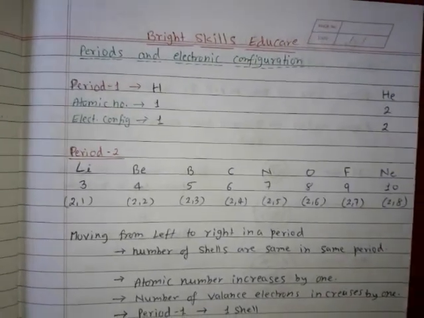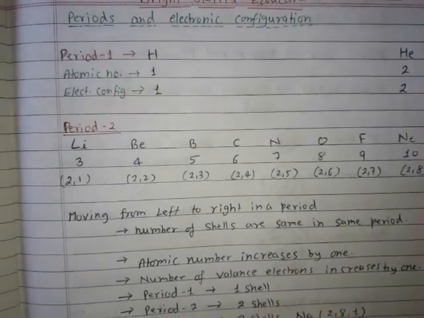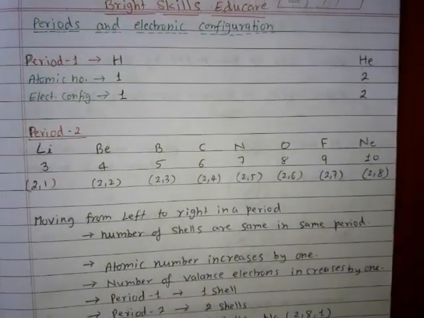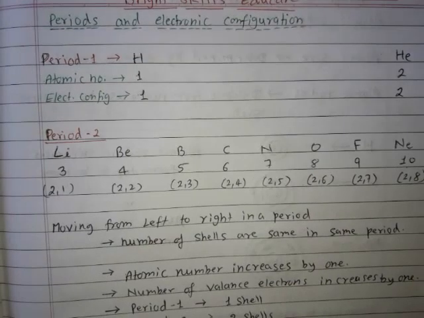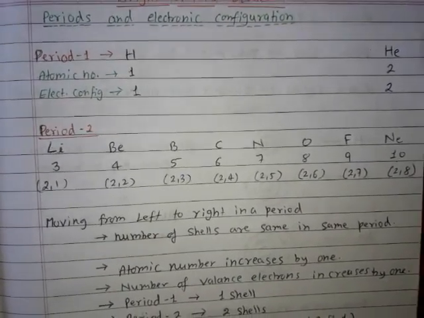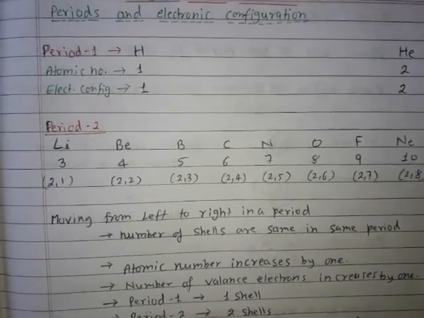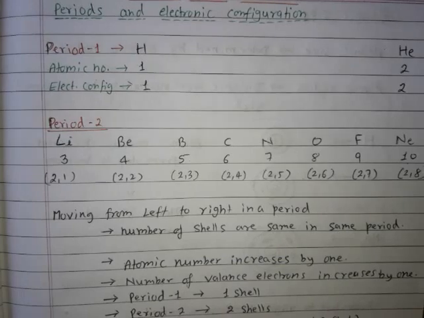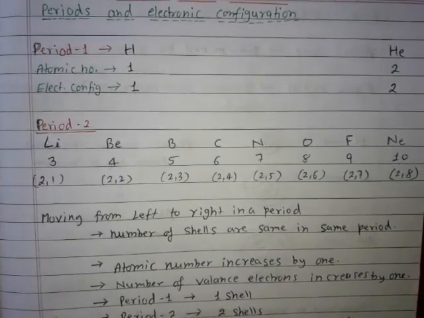Again I am explaining, students. There are 7 periods in the modern periodic table. In the first period, 1 shell is there. In the second period, 2 shells are there. In the third period, 3 shells are there. If we are moving from left to right, extra electrons are added.